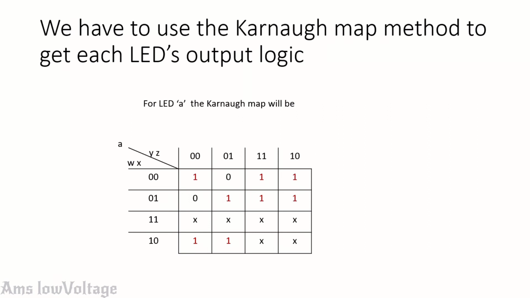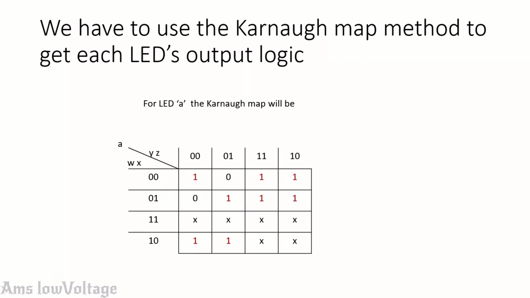Otherwise it would be very complicated to make the equations, and simplifying the logic equations would be very hard. That's why we use the Karnaugh map method, which makes the job very simple for us.